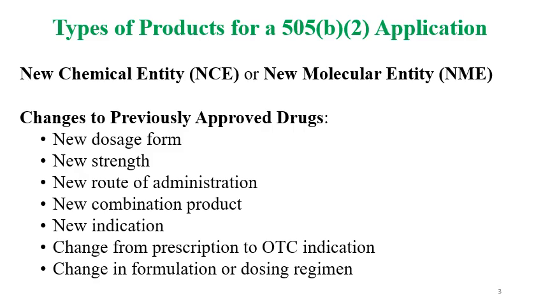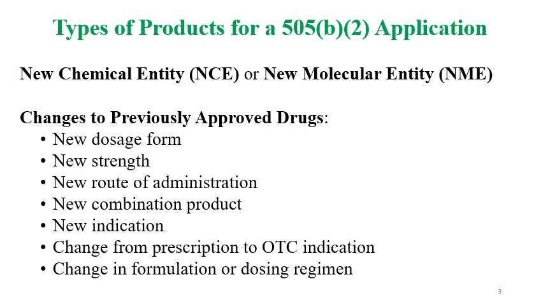If the original NDA is available in tablet formulation and you are going to formulate it as a suspension or solution by the oral route, or you are formulating it into a capsule, then it will be a 505(b)(2) application. New strength, if you are changing the strength. New route of administration, if you are changing the route of administration compared to the NDA.